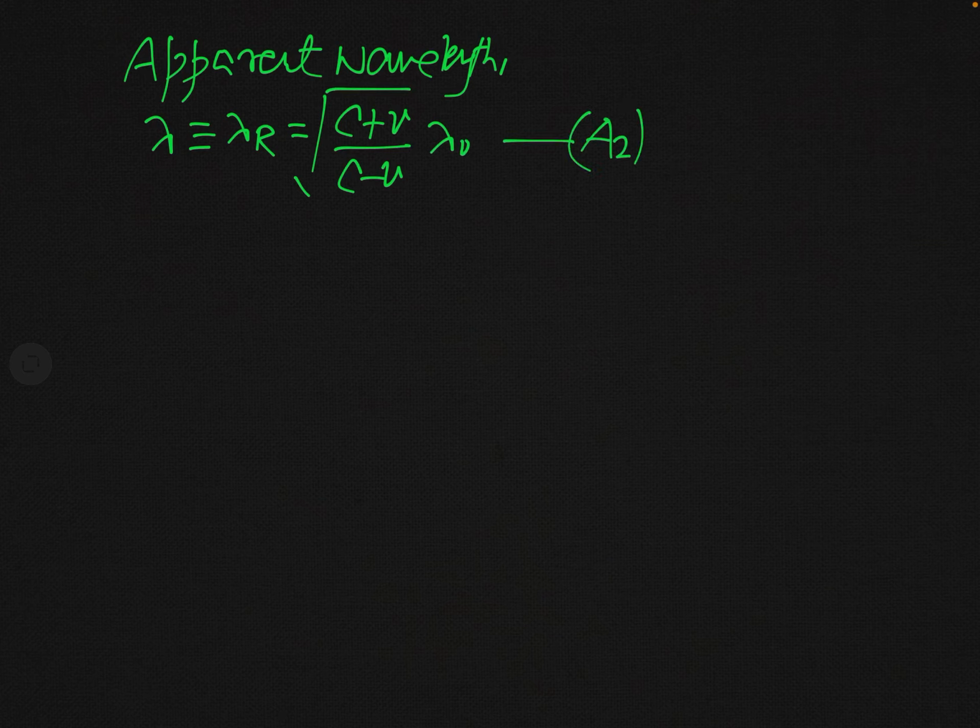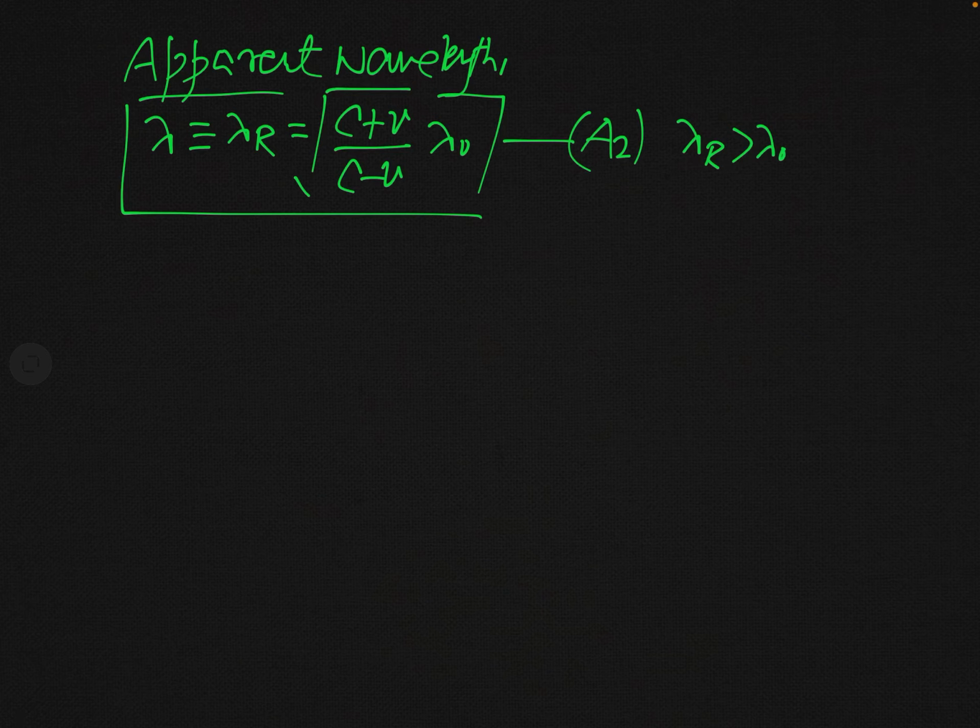And so this is the result for the apparent wavelength in this case. And you can easily see that as numerator c plus v is greater than denominator c minus v, in this case lambda r is greater than lambda naught. Apparent wavelength will be greater than the actual wavelength.